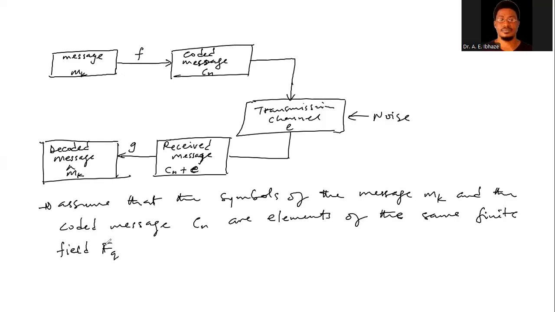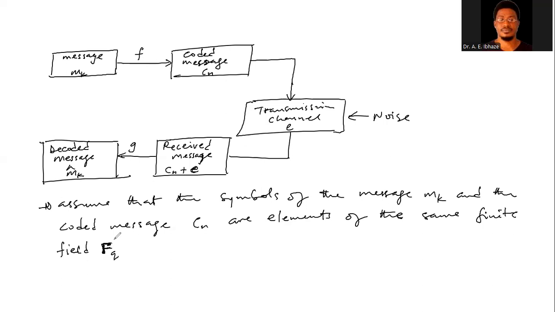So we now want to represent this finite field with some parameter F sub Q. Now, Q in this case gives us information about the elements. Okay? So let's look this up. Q must be an integer.